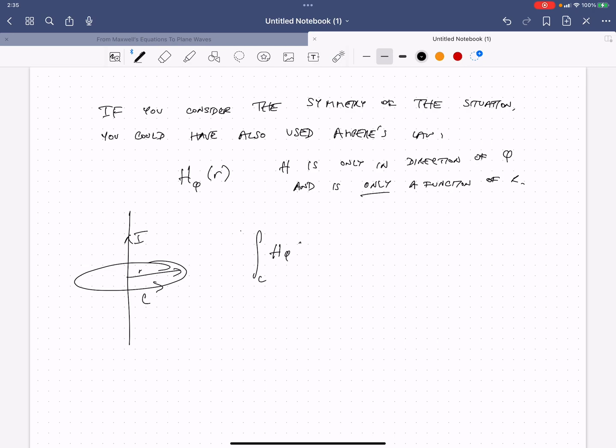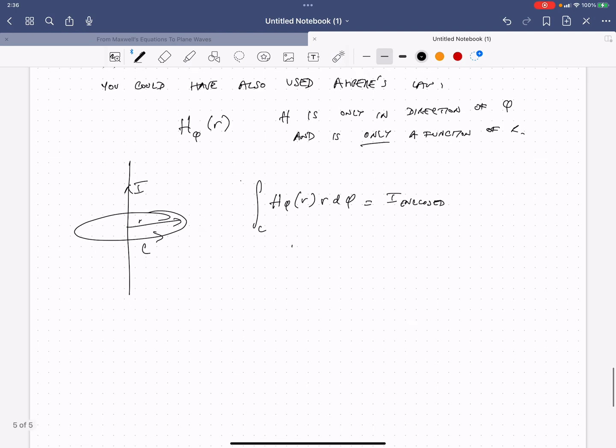You integrate the magnetic field times r d phi, and that is equal to the enclosed current, which is I. So H phi is equal to I over 2 pi r phi hat, and B is equal to mu naught I over 2 pi r phi hat.